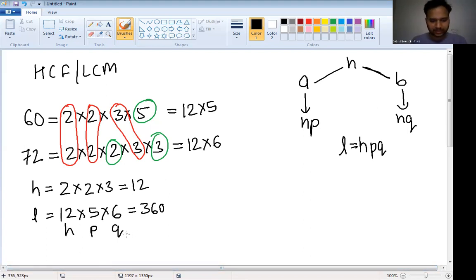I hope this is clear. So LCM of these two numbers, A and B, is H into P into Q, where H is the common part in A and B, and P and Q are the uncommon part. All right. Now let me switch to Hindi.